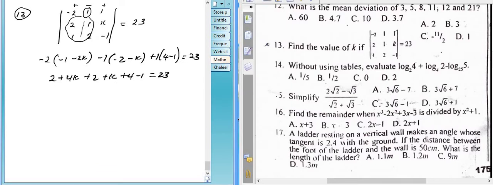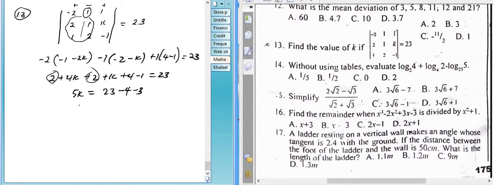Then we have k plus 4k, thus we have 5k, is equal to 23 minus this one, and this one is 4, this one is 3.